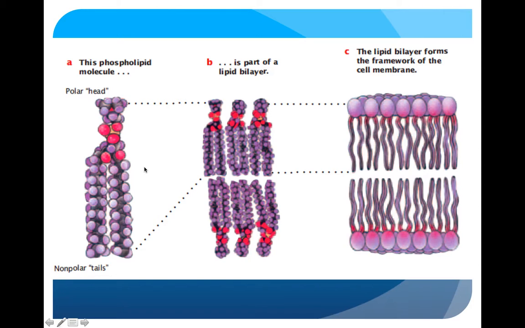When they're arranged in a bilayer, it's two layers of them. So the tails hang out here in the center, and the heads are on the outside. And this is what it looks like in a larger version of them put together. So this is what the whole cell membrane is: this phospholipid bilayer.